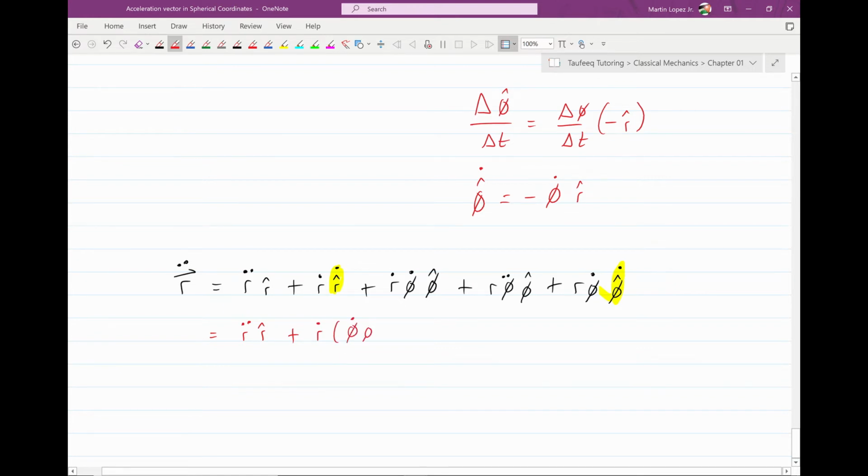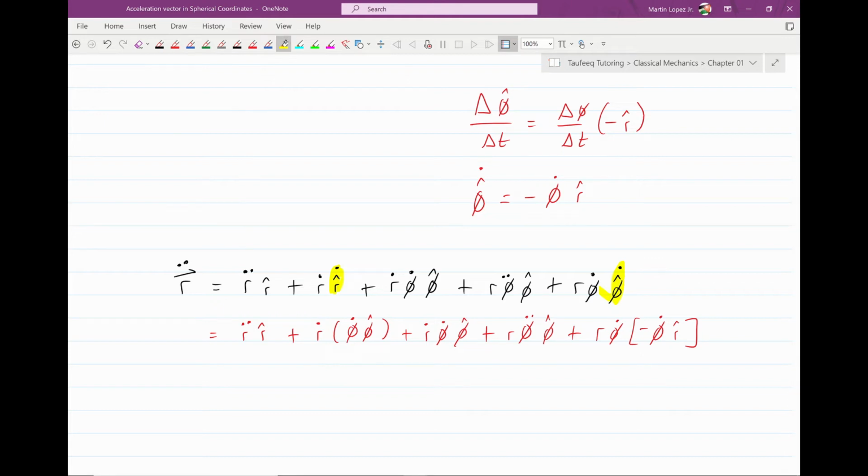It was phi dot phi hat plus R dot phi hat plus R phi double dot phi hat plus R phi dot, and then this is going to be negative phi dot R hat. Oops.